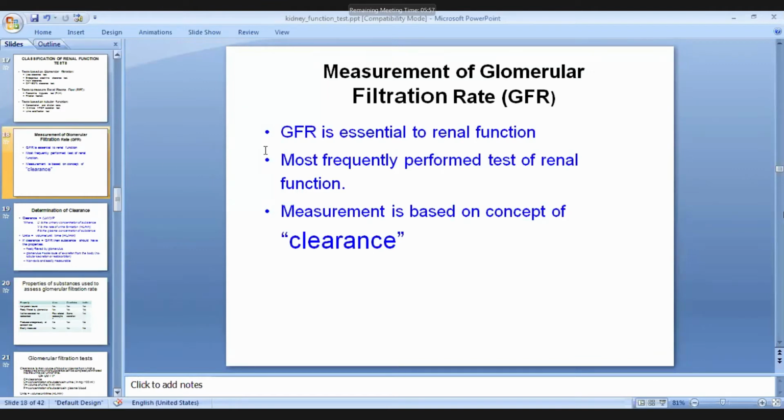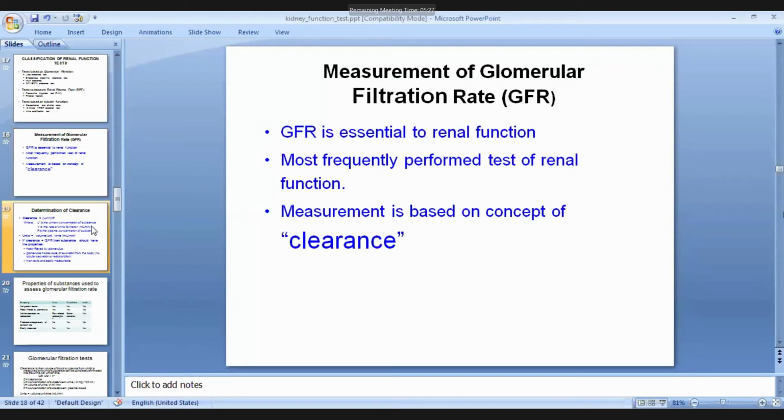Clearance can be endogenous or exogenous. Endogenous means the substances are present inside our body only, such as urea and creatinine.